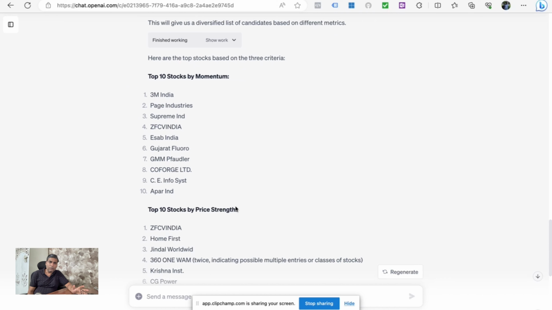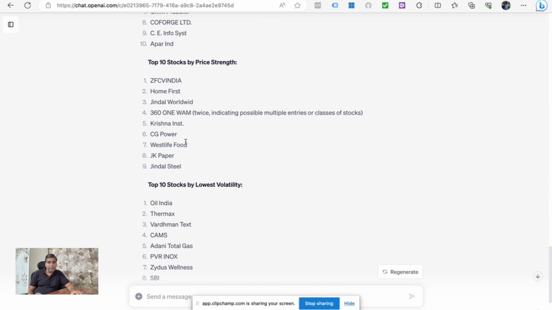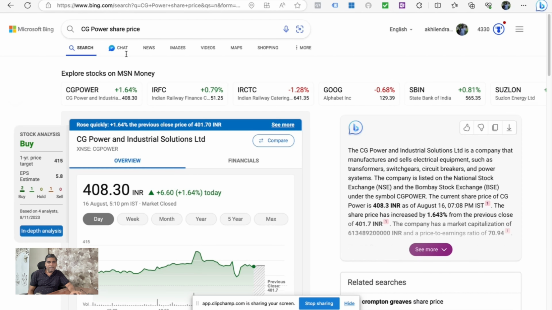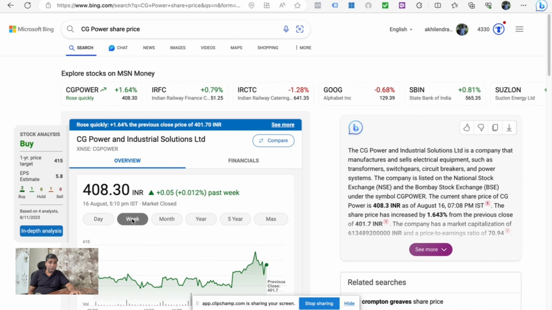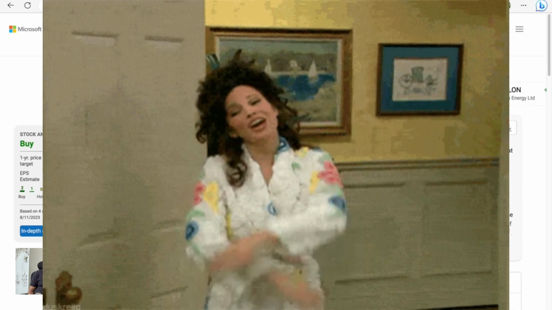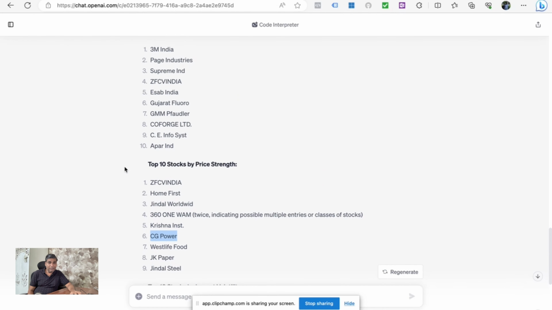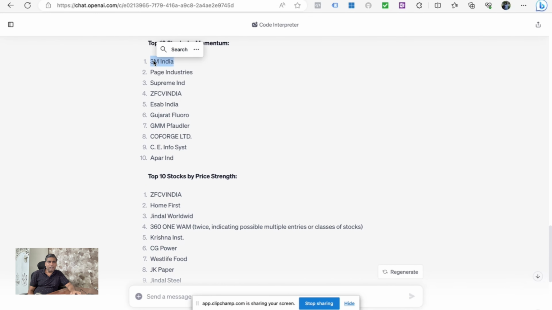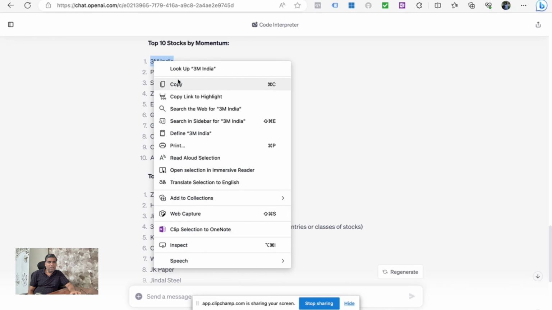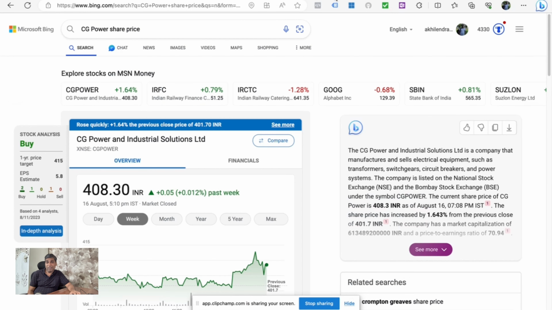Again, not a very thorough analysis, but just to get some sense if this is of any use. As you can see, it had identified CG Power here, and this stock has been doing well. I mean, it could be tempting, but I must warn you, consult your broker or advisor, because I ran a few more stocks here and I found that, at least for this particular analysis, it has done well.